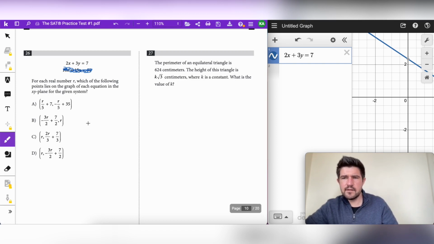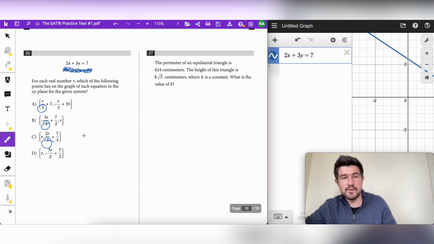And why don't we just pick a number for r? Because if it works for every real number r, we should be able to pick any number we want and get different points in the answers, and we could see if they're on the line. So why don't we say, let's pick a number that is divisible by 5 and 2 and 3, which would be 30.